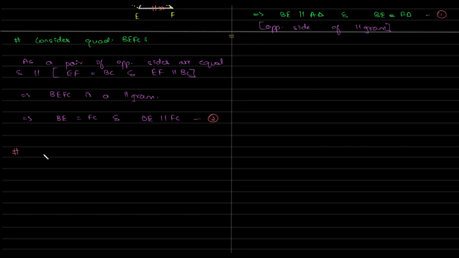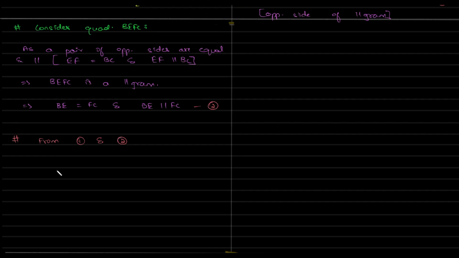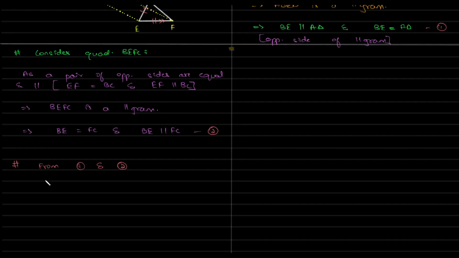So now, from 1 and 2, we can tell that BE, which is equal to AD, is equal to FC, right?